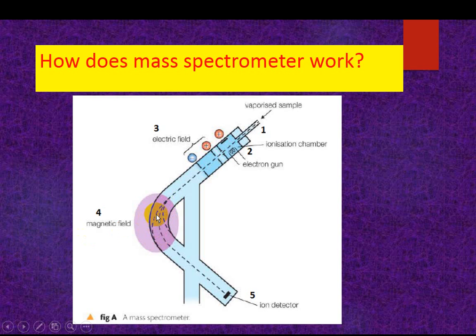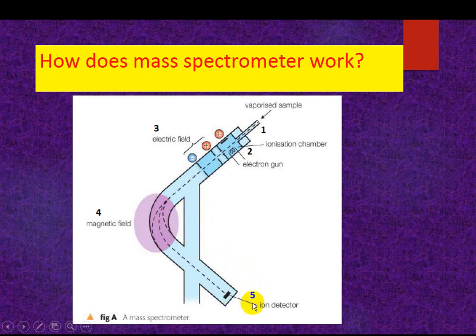The light particles are more deflected, and the heavier particles are less deflected. If the mass to charge ratio is more, they are less deflected. If the mass to charge ratio is less, they are more deflected.